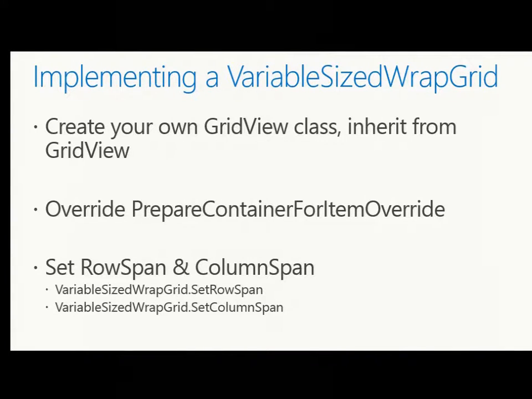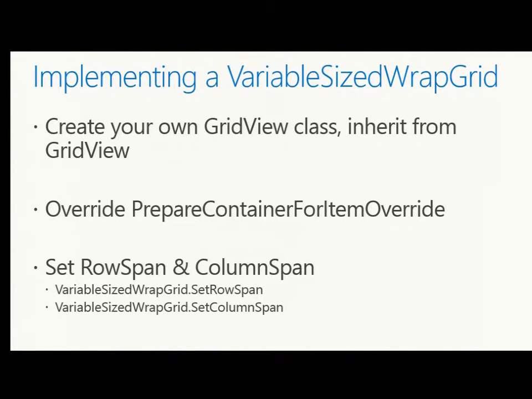It's a bit of a weird name. Anyway, prepare container for item override is the method that should be overridden. And what you get in this method, just a bit like with the data template selector, is the item from the item source the grid is bound to. Item by item you will get.